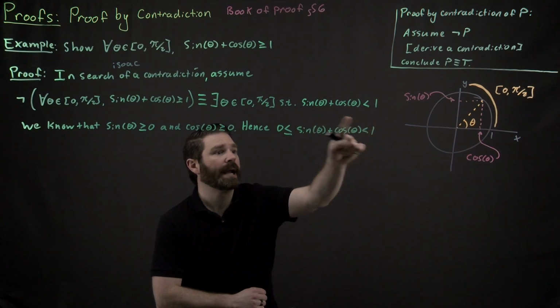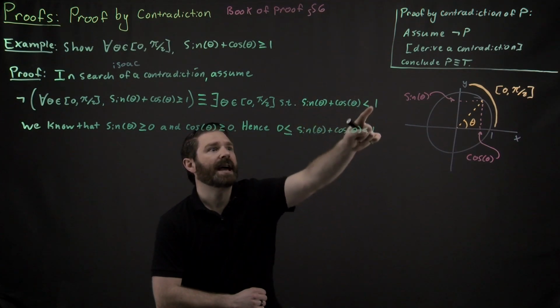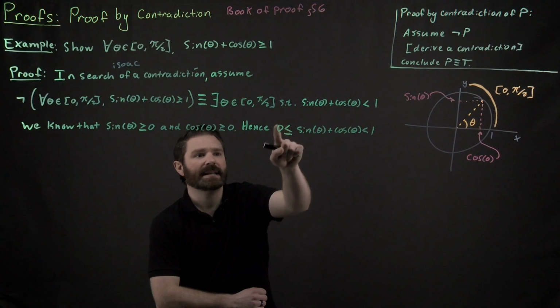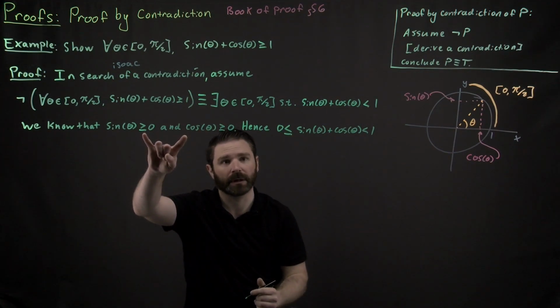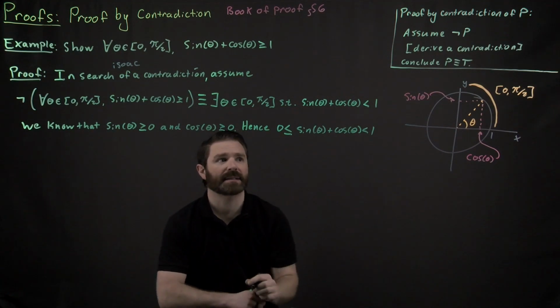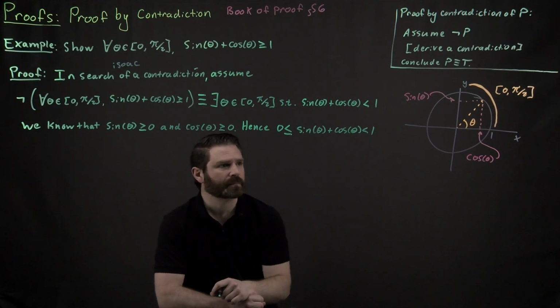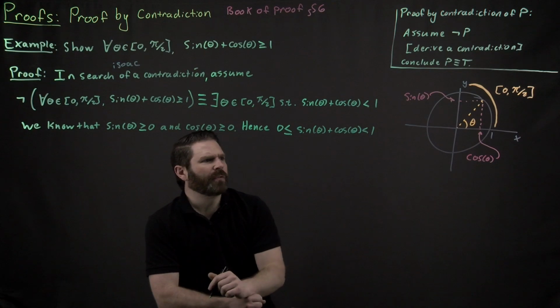I got this right-hand side of the inequality from that part, and I got this left-hand side because I know that these two are non-negative, so their sum also has to be non-negative. So where do we go from here?